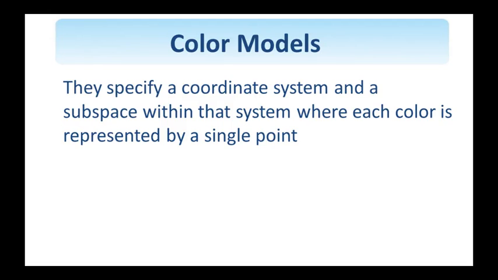The leading models in image and video processing are the RGB, red, green, blue model, which is suitable to describe color monitors and video cameras; the cyan, magenta, yellow, and CMYK, where K stands for black, which is a suitable model for color printing.